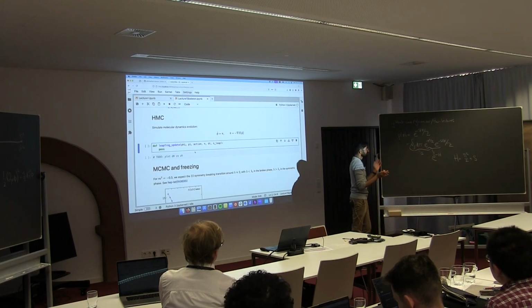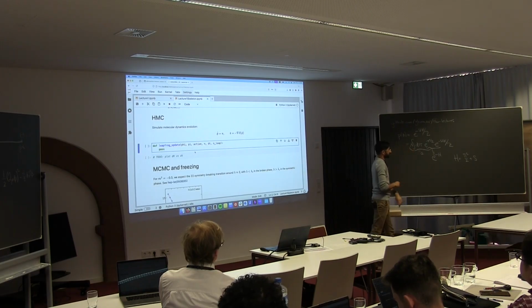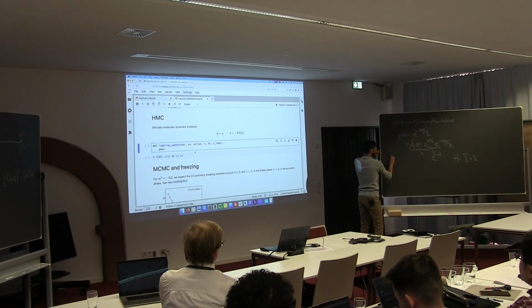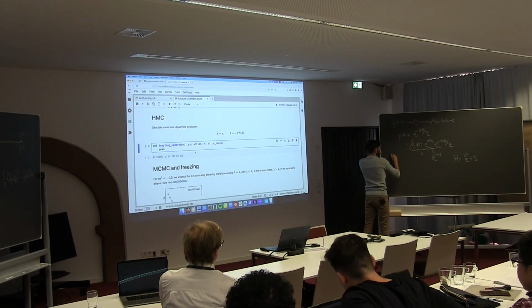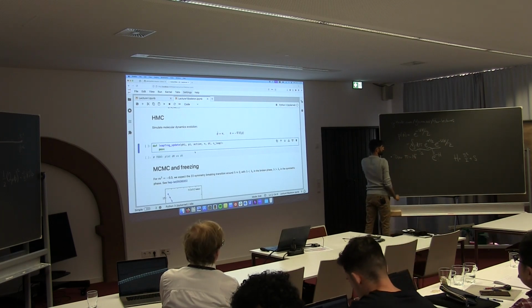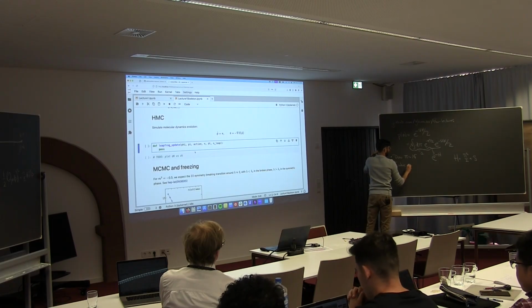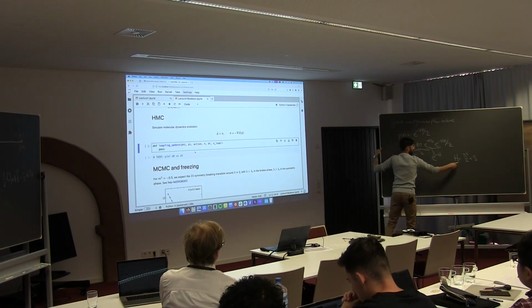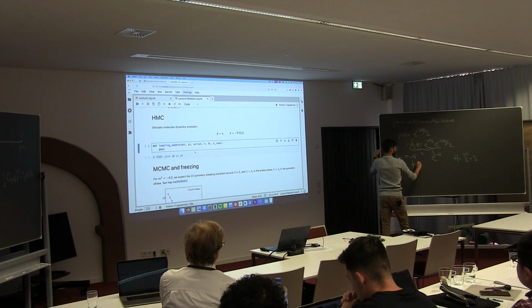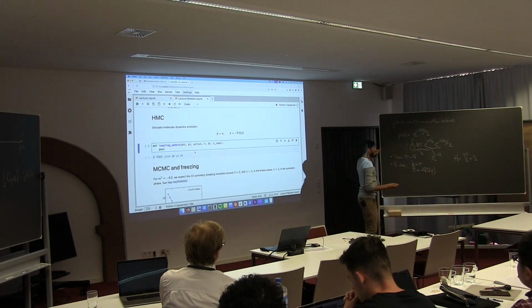And the reason that this works, I'll leave to Jakob's lecture. This is really treading too far in that direction. But essentially, I want to summarize that I can perform sampling by drawing this field pi from a normal distribution, and then evolving according to the Hamilton equations of motion, which say my phi dot is pi, and my pi dot is minus grad S of phi.